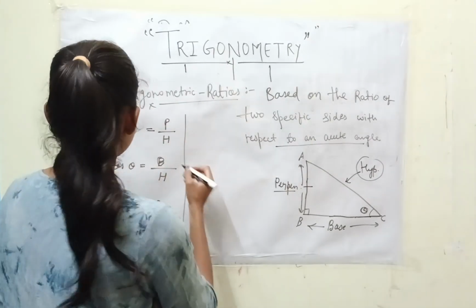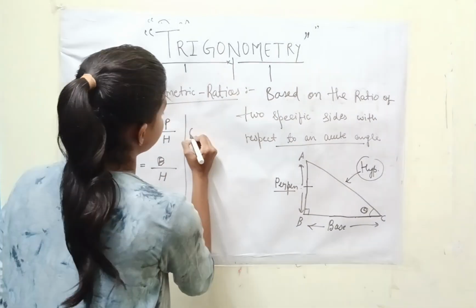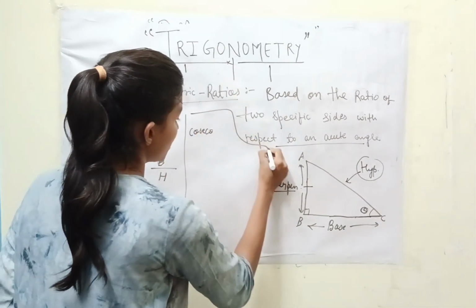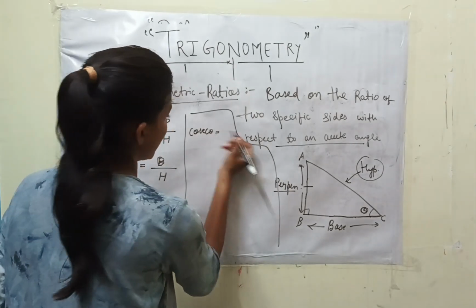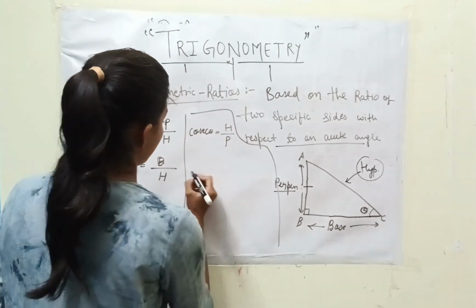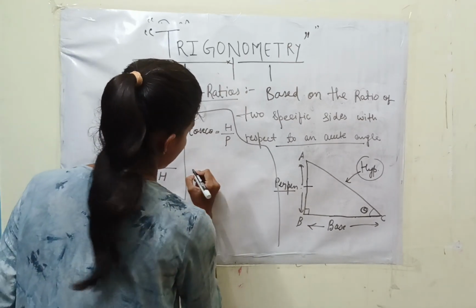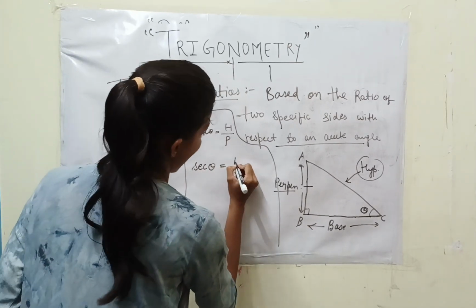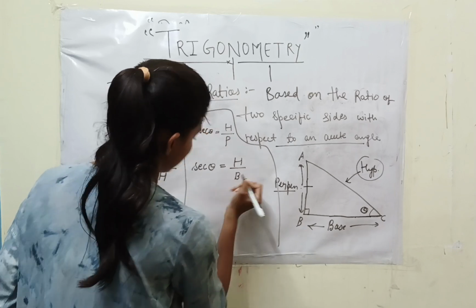If we reciprocal sine theta, we have cosec theta, which is the ratio of hypotenuse and perpendicular. If we reciprocal the cos theta, we have sec theta, which is the ratio of hypotenuse and base.